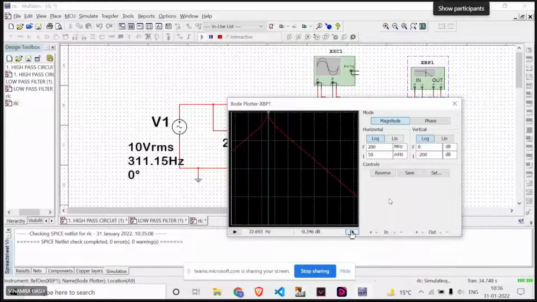So that's around 31 only. So that is my third experiment. Okay, fine.